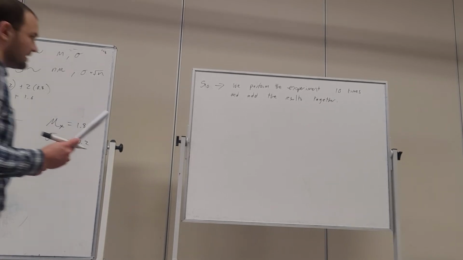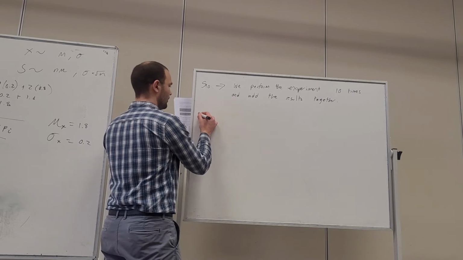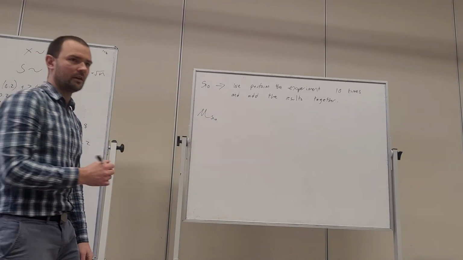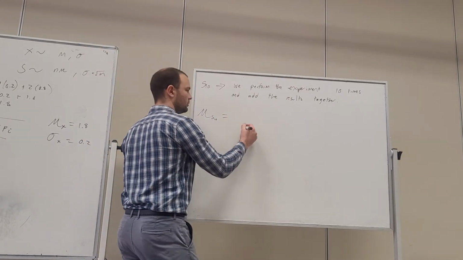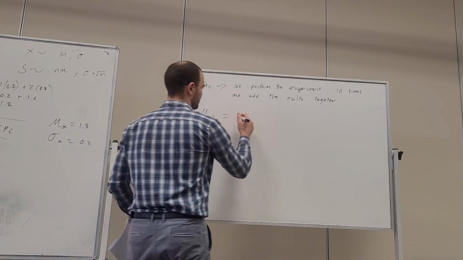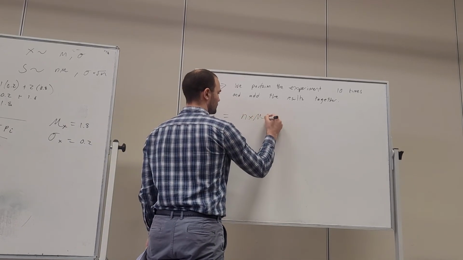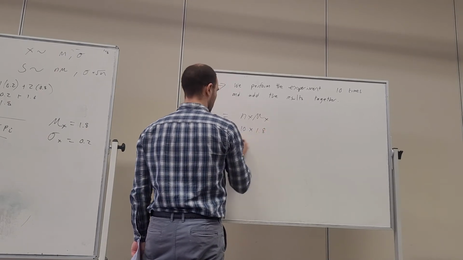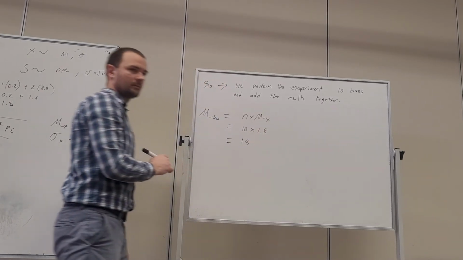Find the mean and standard deviation of S10. The mean of S10 is equal to n times the mean of x, which is 10 times 1.8, which is 18.